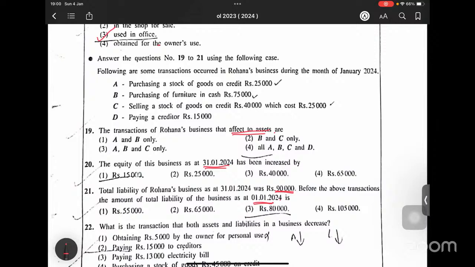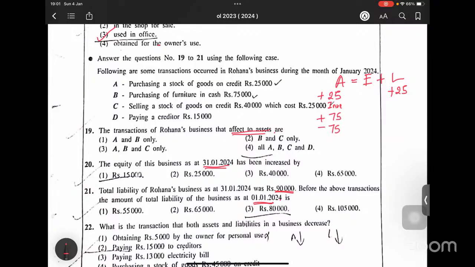Okay, we'll see. Asset is equal to equity plus liability. Purchasing a stock of goods on credit, 25,000, so inventory increases, and it's for credit, so liability increases by 25,000. Second, he's purchasing furniture in cash, so 75,000 furniture increases, 75,000 cash goes out.